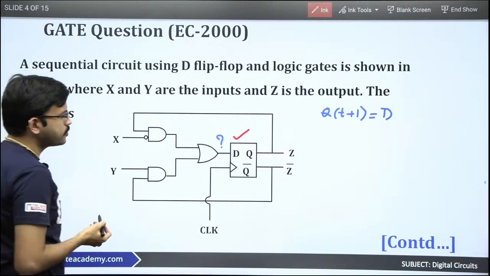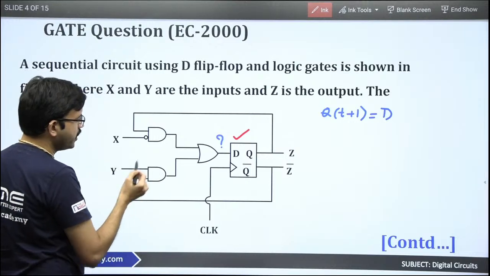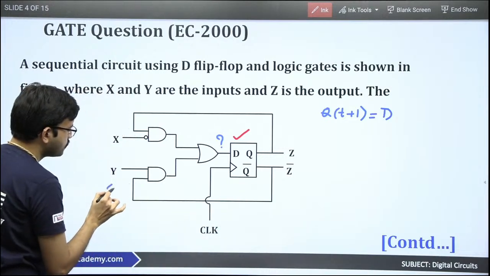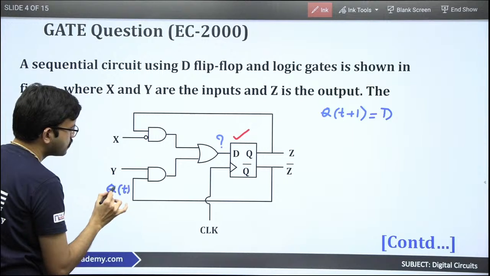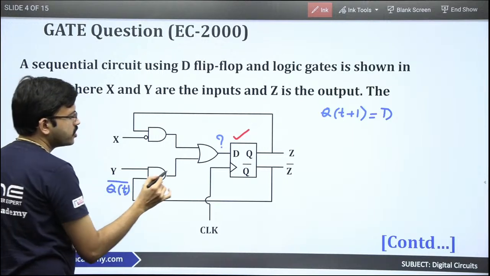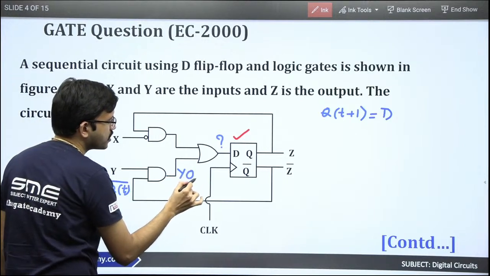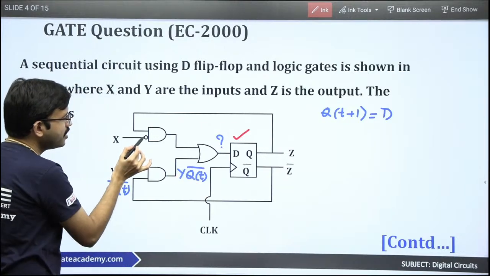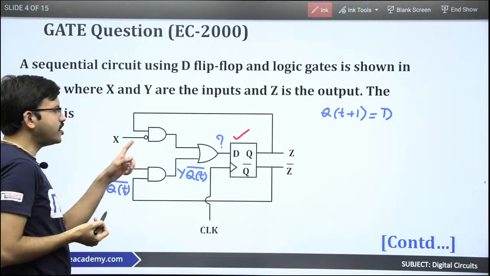Now if you carefully observe, here you have an AND gate, one input is Y, another input is Q bar. So here you will get Y into Q bar. Now, here you have a bubble.